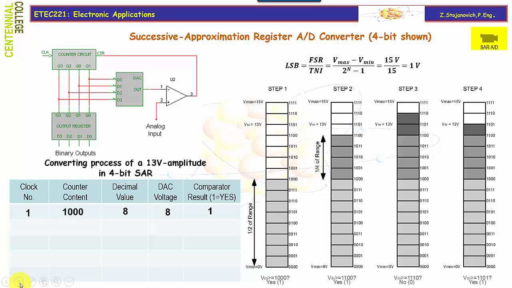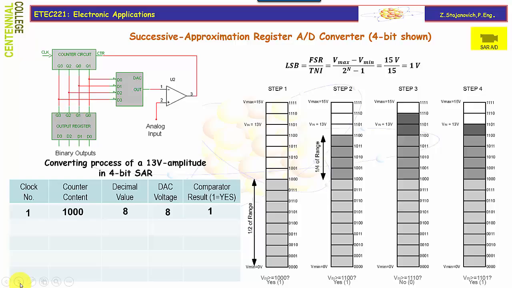In our case, V plus, the potential at the non-inverting terminal, is equal to 13 volts, that's the analog sample, and V negative, the potential at the inverting terminal, is equal to 8, making the difference of 13 minus 8 equals 5 volts. 5 volts is higher than 0, and the output of the comparator goes to positive saturation, which corresponds to a logic high, or 1. And the answer would be yes.